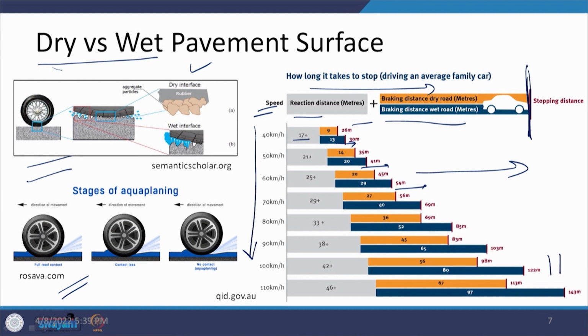When you are talking about a tire moving on the surface of a pavement, the surface of the pavement is spoken of as smooth, but in actual fact, at a micro level, it is not smooth, it is going to be something like this.